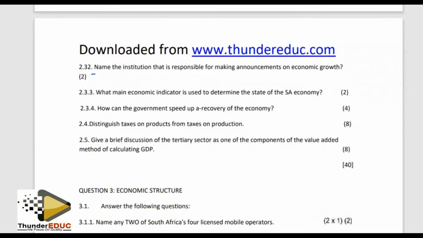So name the institution that is responsible for making announcements on economic growth. The institution is known as Statistics South Africa. Some people cut it short and call it Stats.